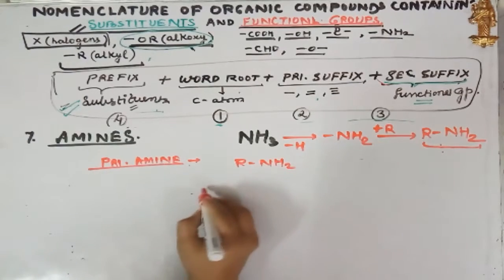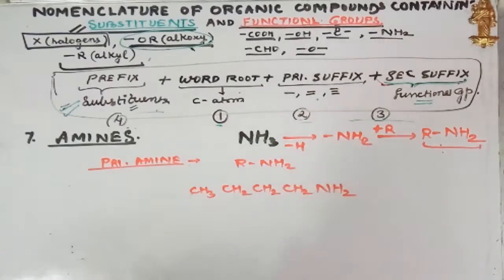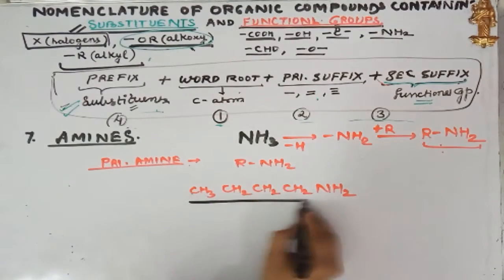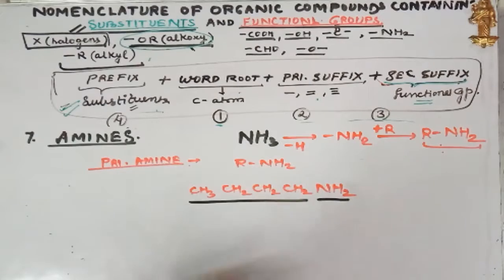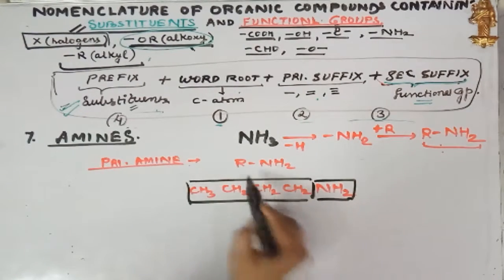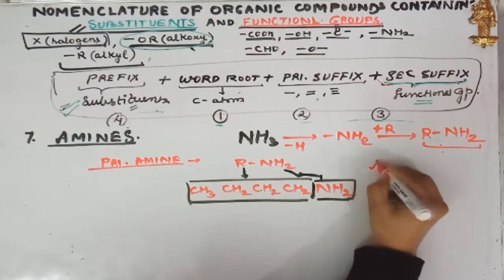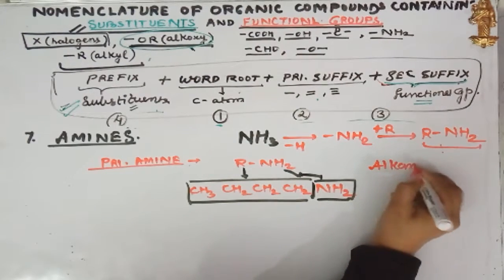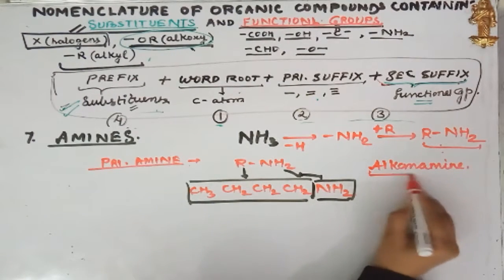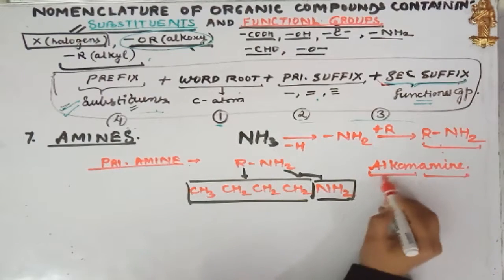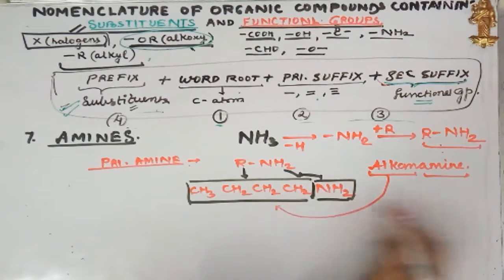The example of the primary amine is, as you can see, this chain and this is your amine group. This amino group is linked with the R part. So this is your R and this is your amino group. I'll be naming them as alkanamine, where alkane indicates the alkyl part and amine indicates NH2.